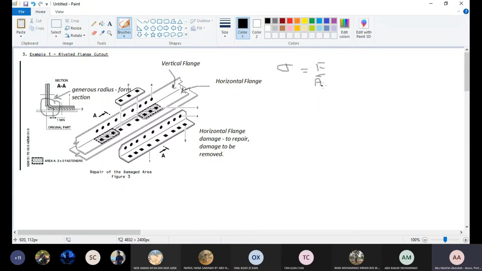So if we lose area, the area will be reduced, will come down, become less. As area becomes less, the stress will go up. So we do not want the stress to go up.